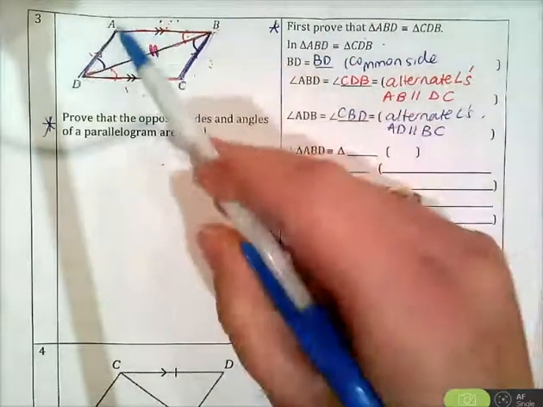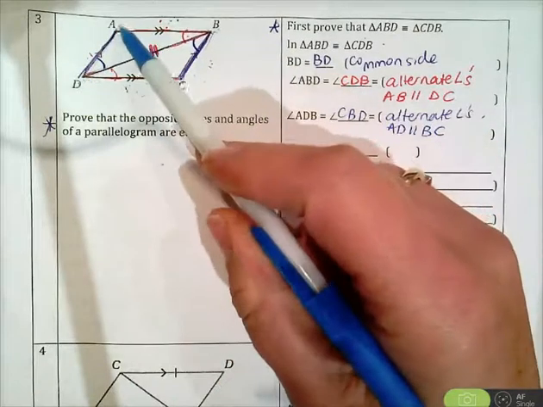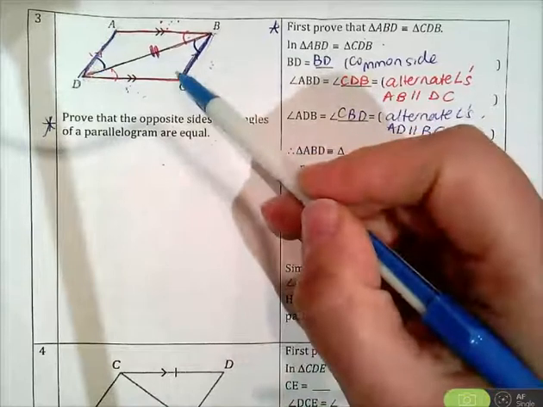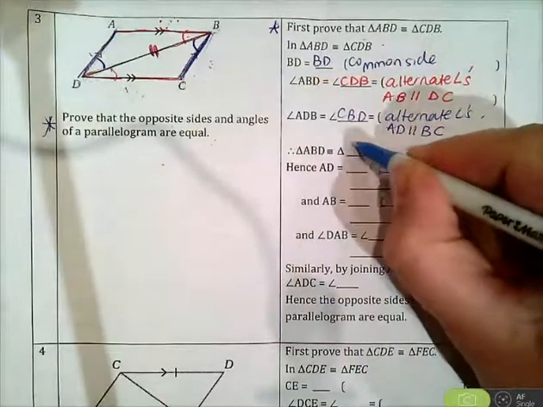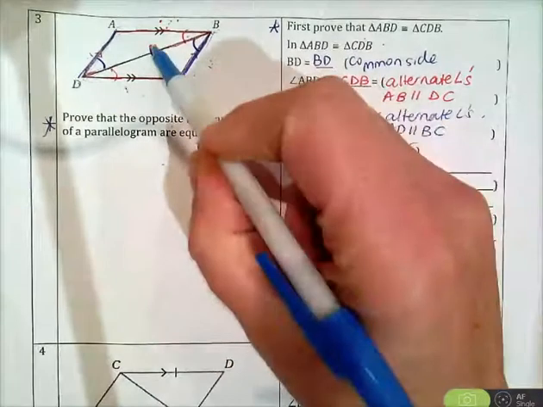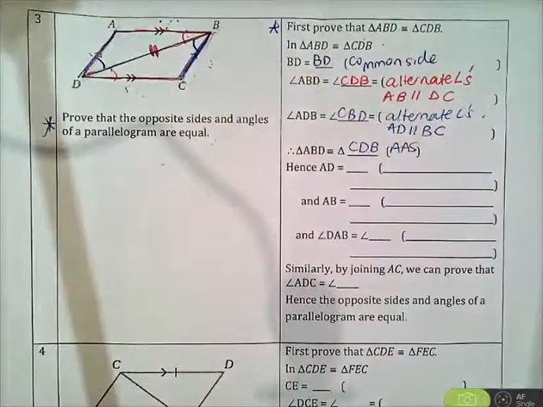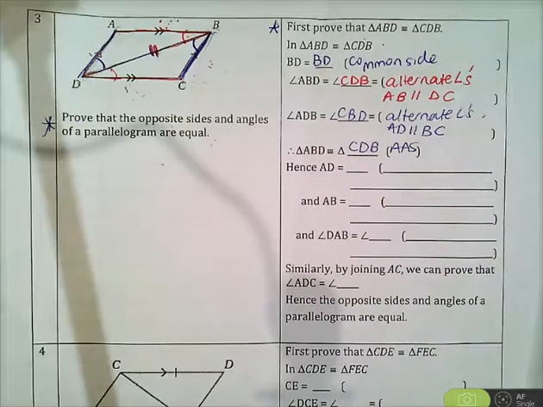So therefore, triangle ABD is congruent to triangle CDB. Going from blank, red arc, blue arc in ABD, we go blank, red arc, blue arc. The reason is we've got angle, angle, side, and that side is between the two marked angles, and so is this side in this triangle. So we've now got that these two triangles are congruent, which means they're identical in every aspect.